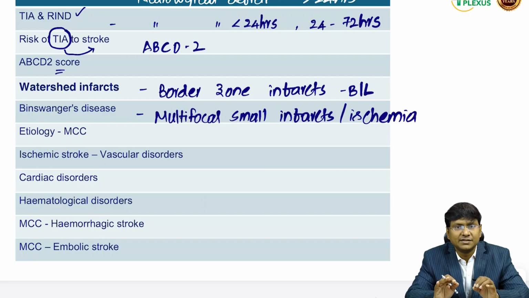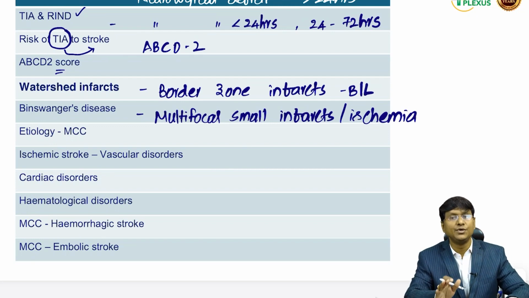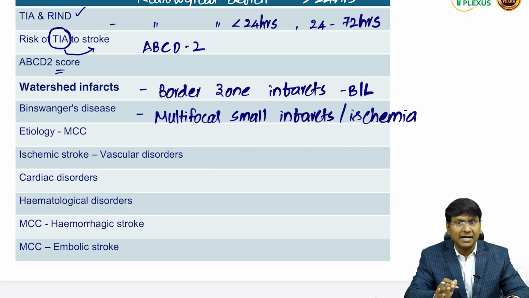This may result in a slowly progressive neurological disorder causing multi-infarct dementia and subcortical arteriosclerotic encephalopathy. That is what your Binswanger disease is.